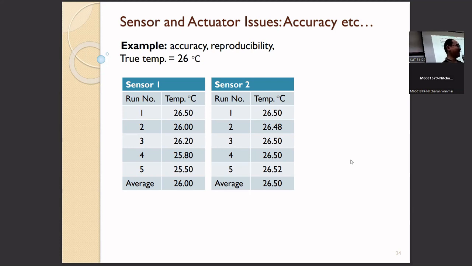Many students use the same balance, and you need to measure the weight every day. You check this day, tomorrow, the next day, and you get the same result, but the balance is not calibrated. That's why you have to ask whether it is correct or not. If you would like to get a good answer, you have to calibrate, find out what the error is, and subtract the error.